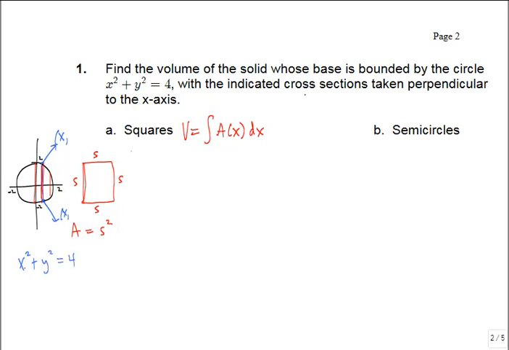The y value would be whatever this circle is solved for y in terms of x, because I want to have x's in my answer. So let's solve this for y. So I'm going to subtract the x squared over, and to undo the square we take a square root, and when you take a square root you need a plus or a minus case.